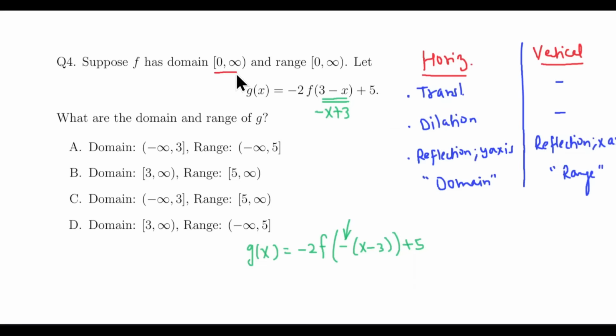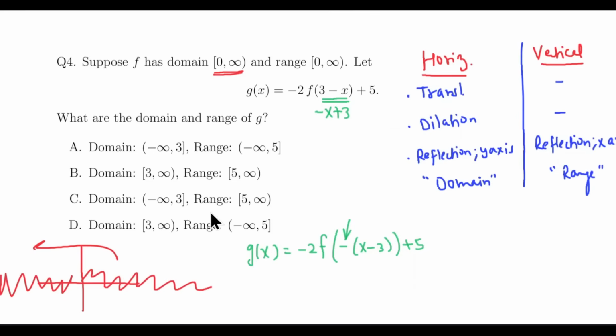Now, if the domain is 0 to infinity, try to visualize this. If you reflect about the y-axis, don't you think the domain will become negative infinity to 0, because all the negative values will come in the domain? So this negative sign has a job of changing the domain to negative infinity to 0, 0 included. And this minus 3 has a job of adding 3 to the domain.